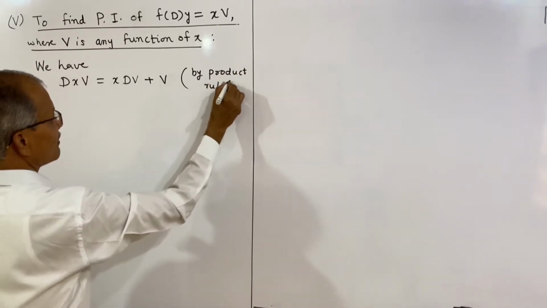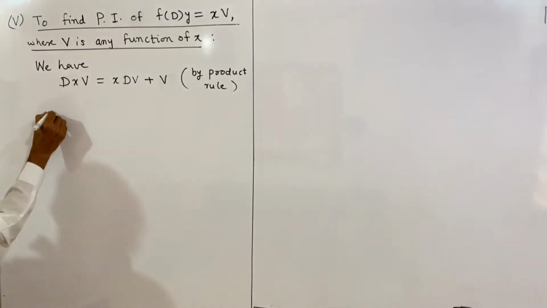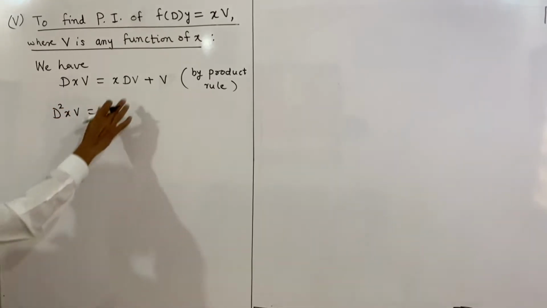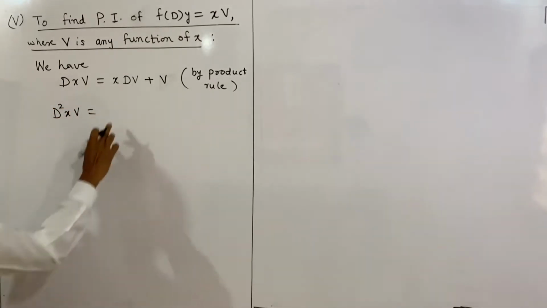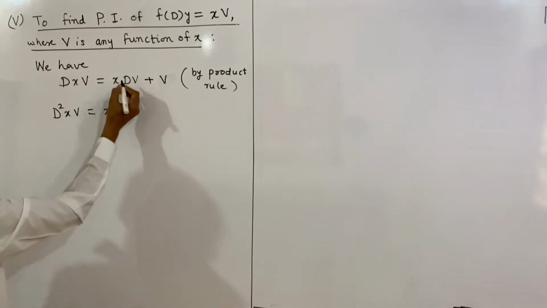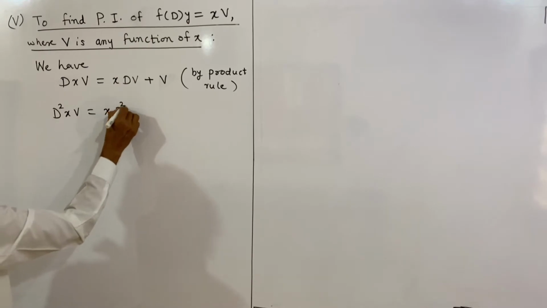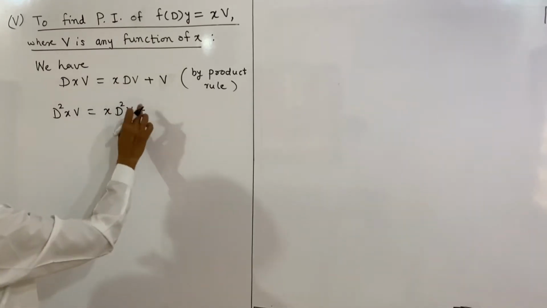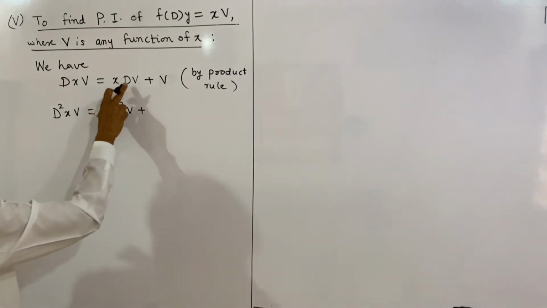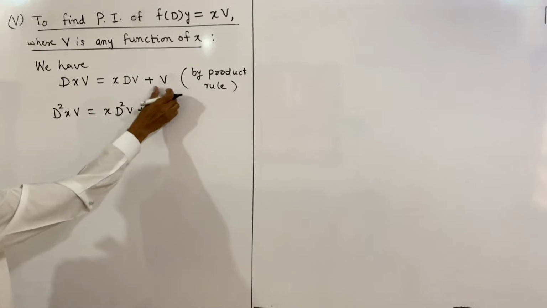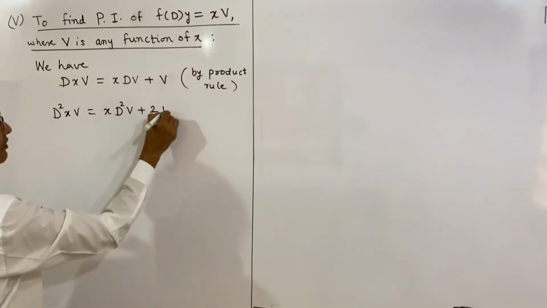And now further the second order derivative will be D square of xv is equal to the derivative of this, and that is again using the product rule. First function x as it is, times the derivative of Dv, that is D square v, plus the derivative of x, that is 1, into Dv as it is, and then the derivative of v is Dv. So that will be 2 times Dv.